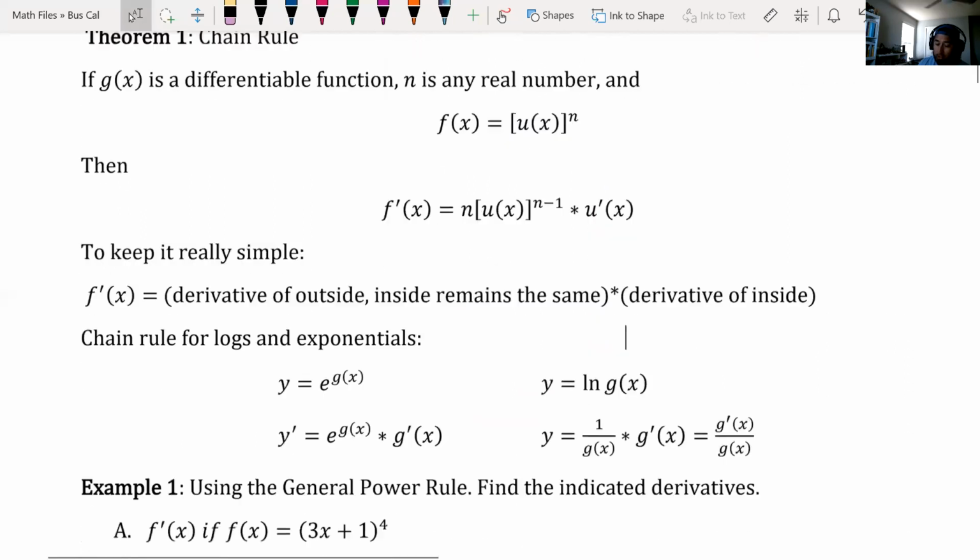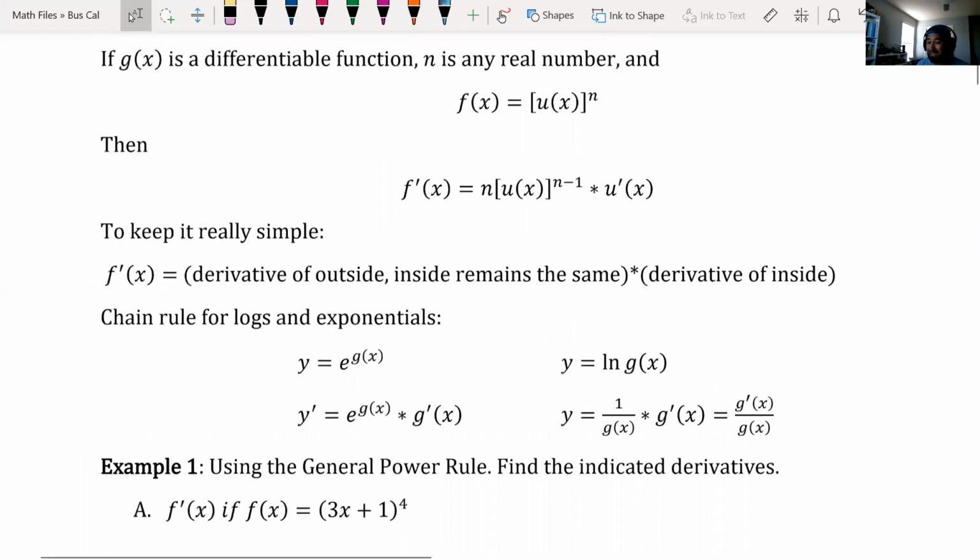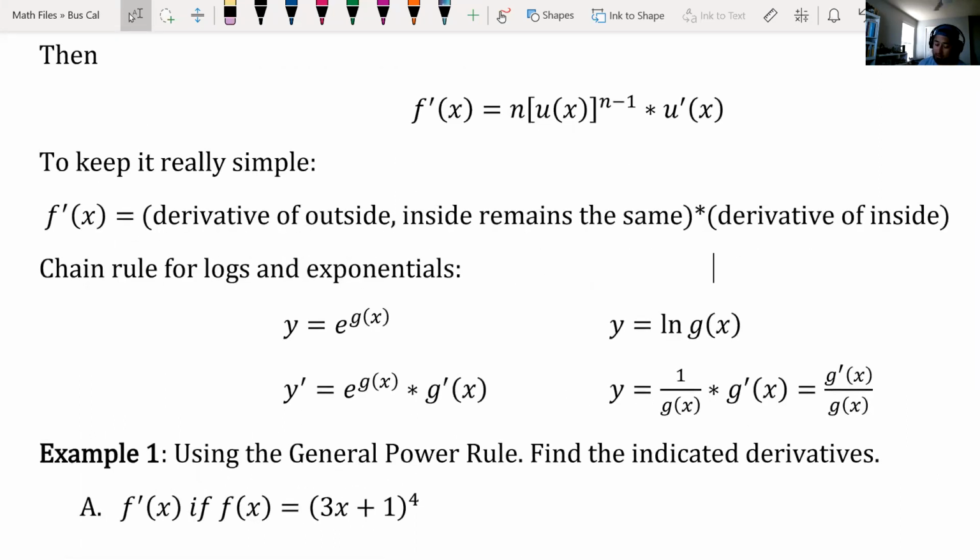Some more formulas are for e to the x and the natural log of x. So if we have e to the g of x, then the chain rule derivative for e to the g of x is going to be e to the g of x times the derivative of g of x, g prime of x.